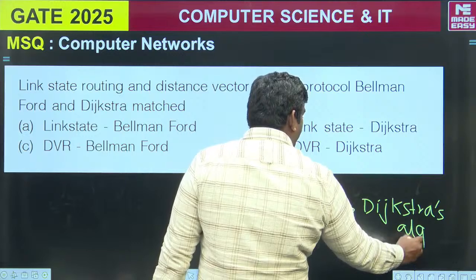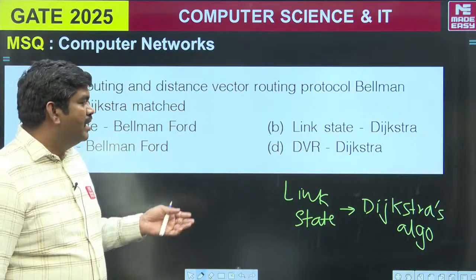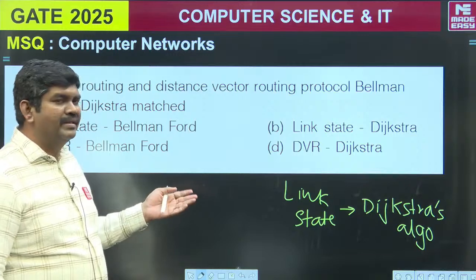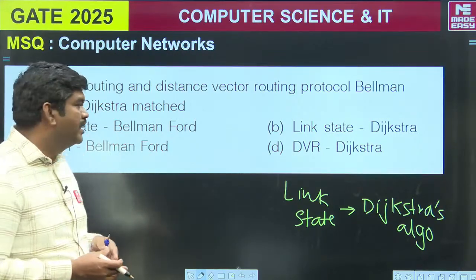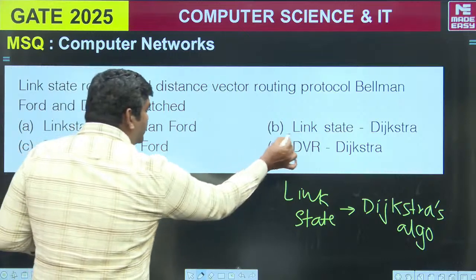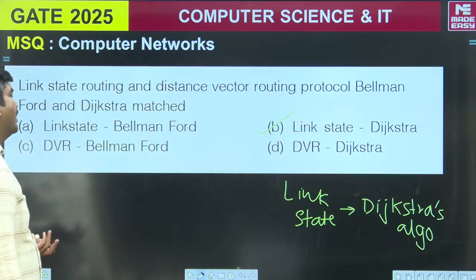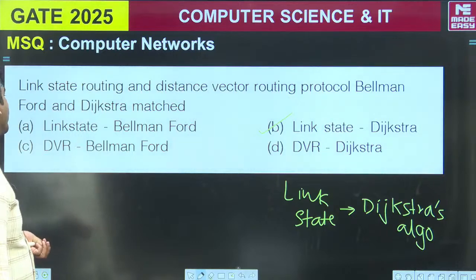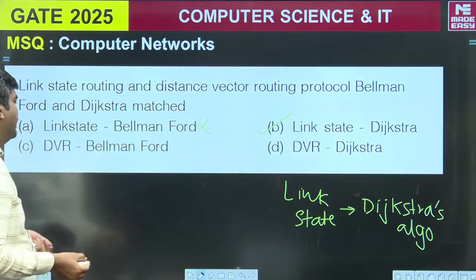So the questions are okay, direct questions they have given, the easy questions, and some moderate questions are also there in the afternoon paper, especially the computer networks. And here one option, that is link state, will use Dijkstra's algorithm for finding the shortest path. And you can see this option A is wrong as per the given data.